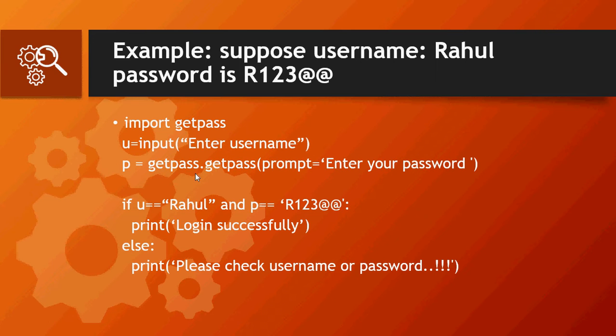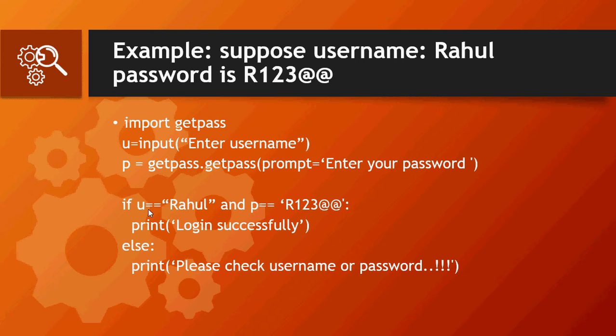This getpass is the module and this getpass is the function. Inside prompt you can type your message, and my message is here, enter your password. If u equal Rahul and p equal r123@, print login successfully, else check username or password.